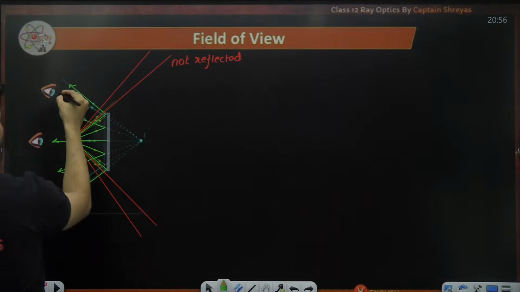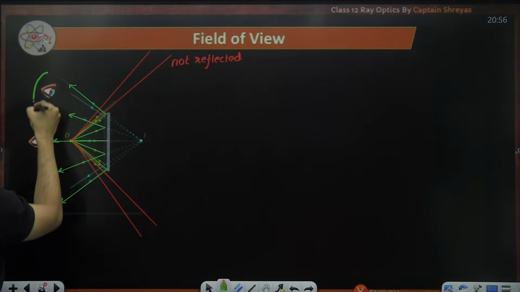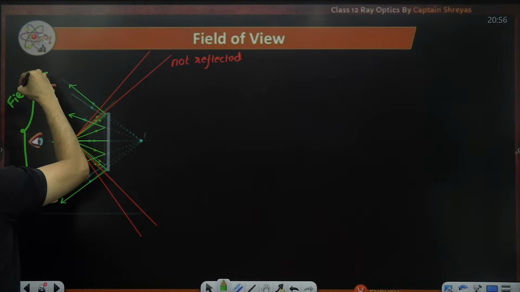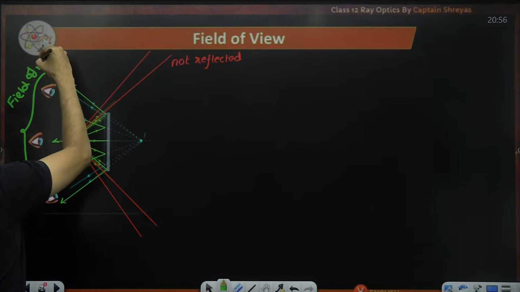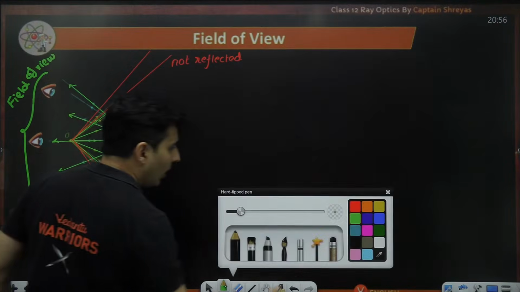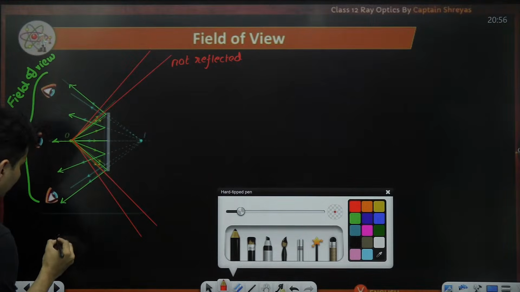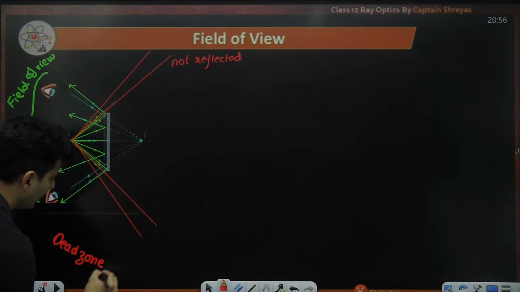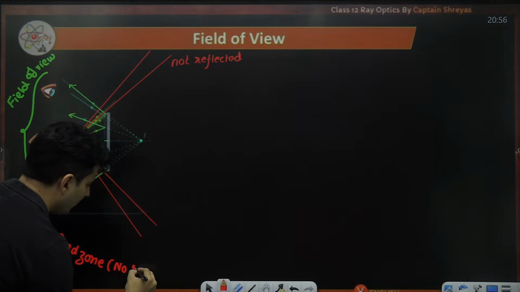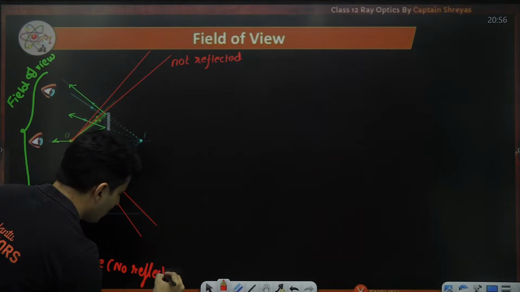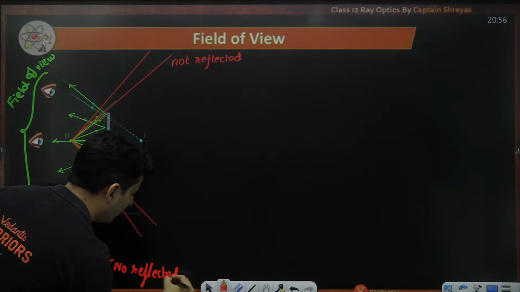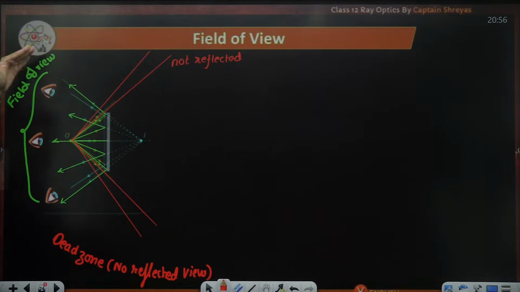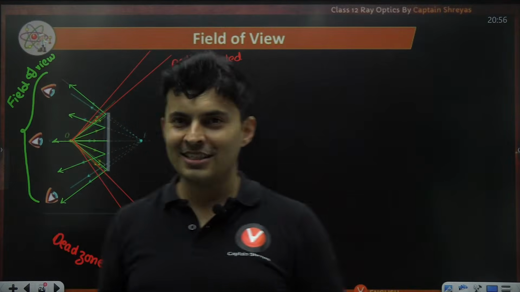So this particular zone over here is your field of view. The rest of the places are dead zone: no reflected view. You can still see the object, but no reflected view. Is that clear, everyone? What is the meaning of field of view?